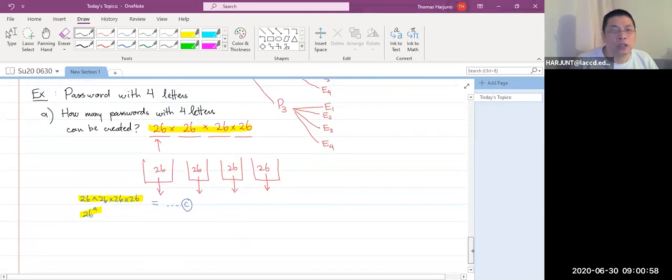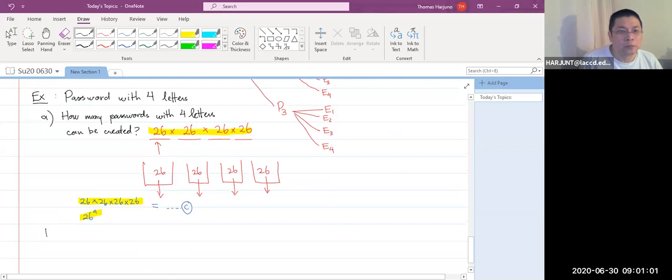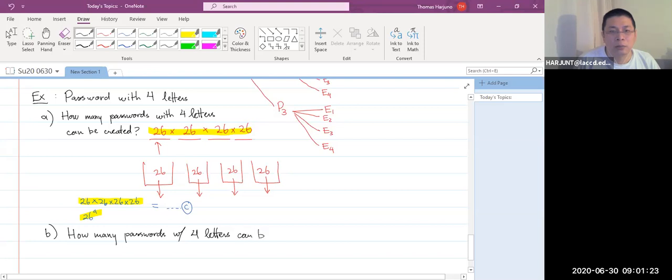We still deal with this password with 4 letters. We can change that to: how many passwords with 4 letters can be created if no repetition allowed?